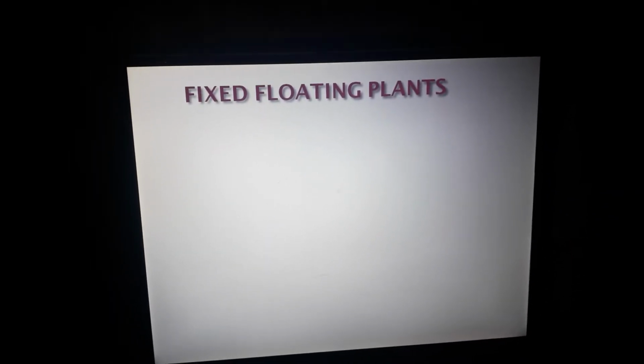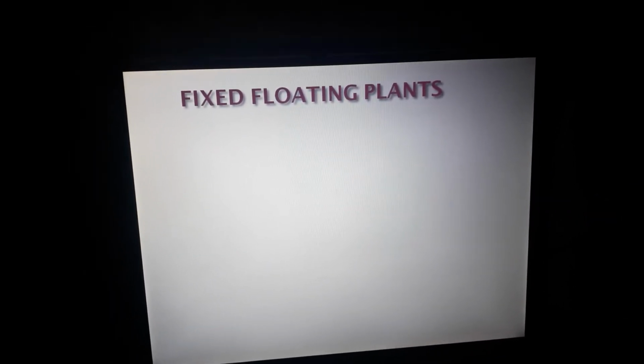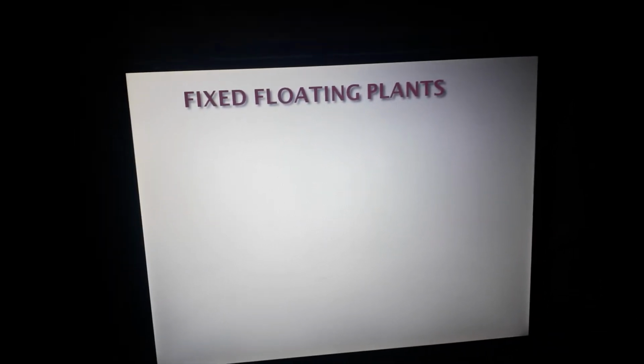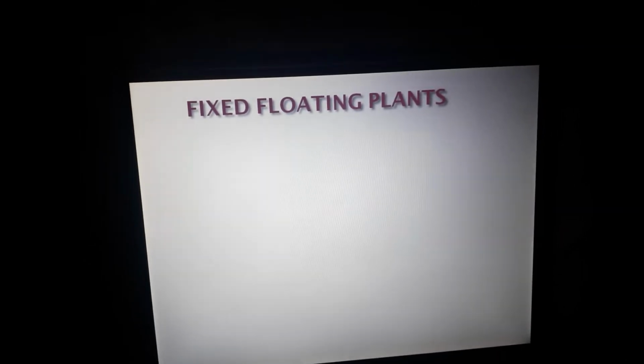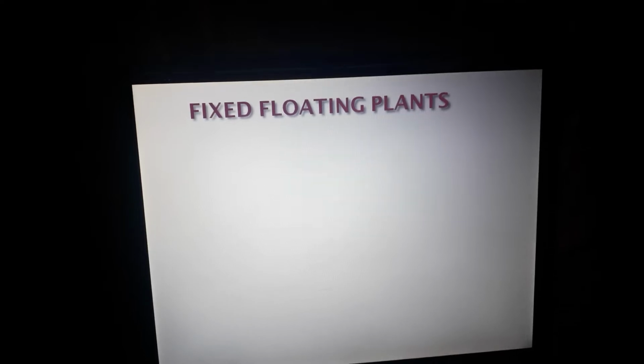Next category we are going to study is fixed floating plants. Now what are fixed floating plants? The plants which are fixed and also float on the surface of water are called fixed floating plants.